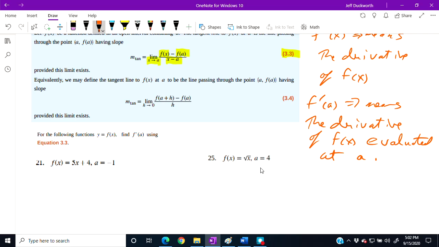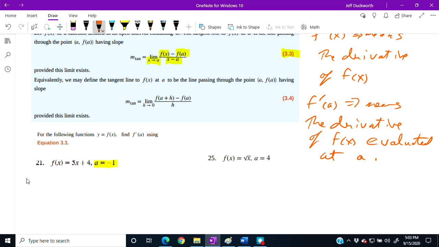So this number 21, we're given a linear function. We're looking for the slope of that linear function at the point a equals -1. Well, as we discussed before, we already know the answer to this. The slope is going to be 5. However, we still want to use equation 3.3 to solve for this.